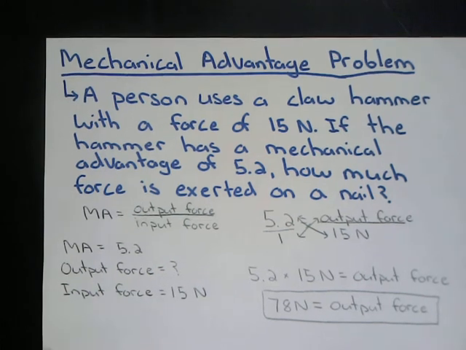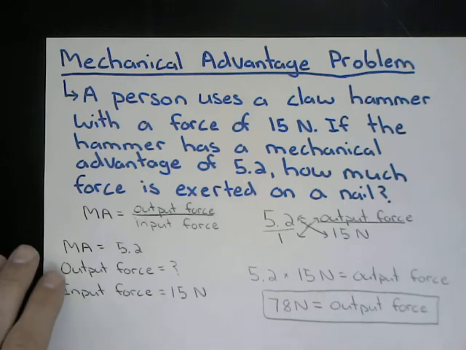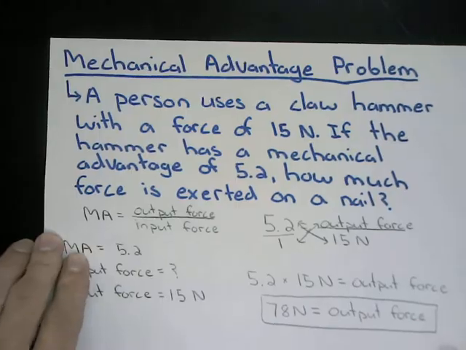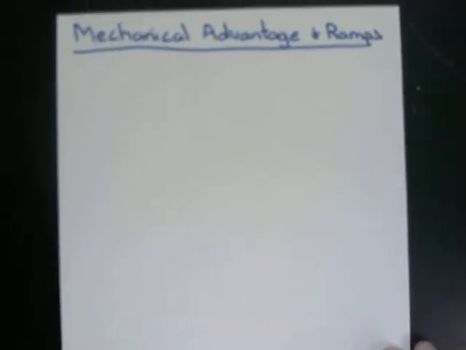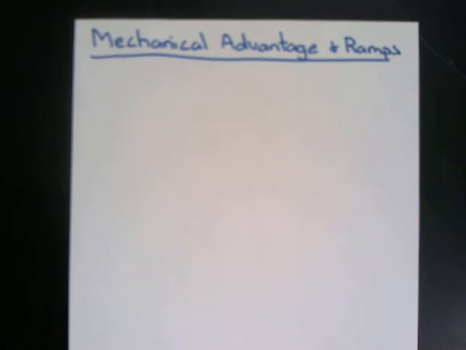Now let's talk about mechanical advantage and ramps. We've talked about machines and tools and things like that. Let's specifically talk about a ramp and what that would do to give you a mechanical advantage. So with this, we compare the amount of work required to lift a box onto the bed of a truck with the amount of work required to push the same box up a ramp.